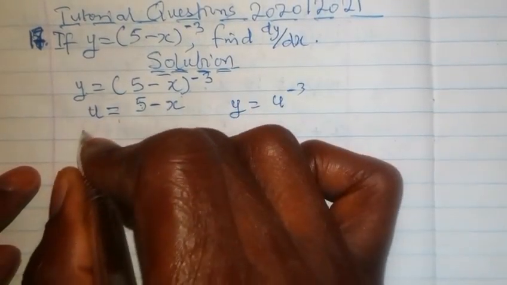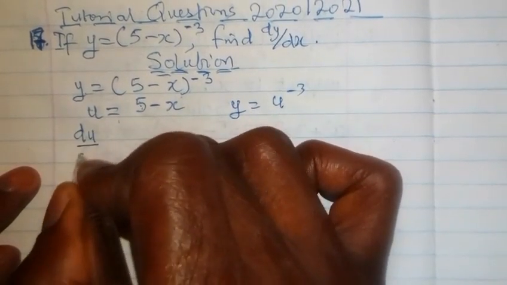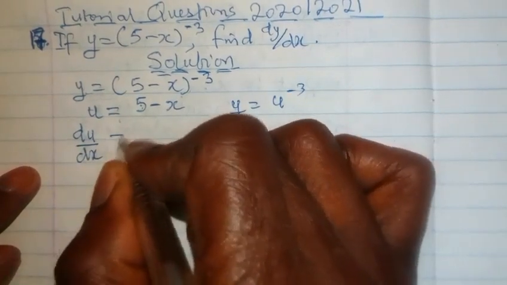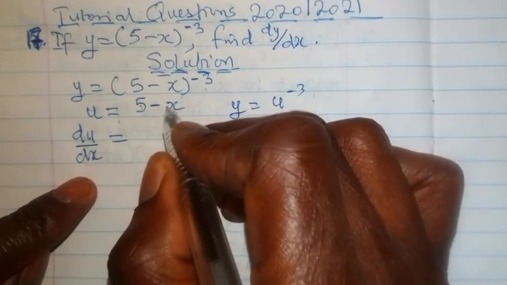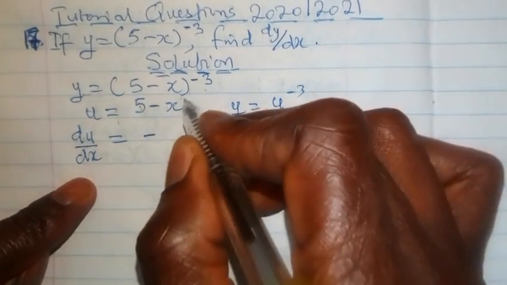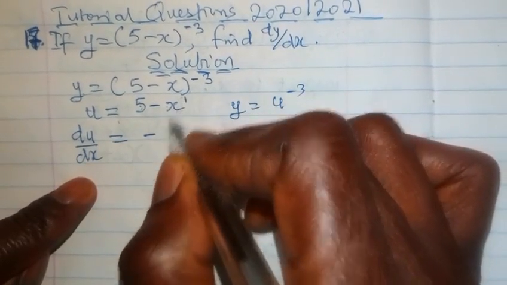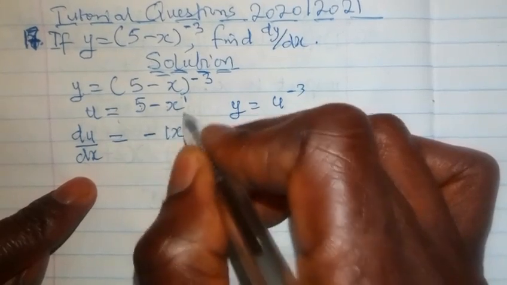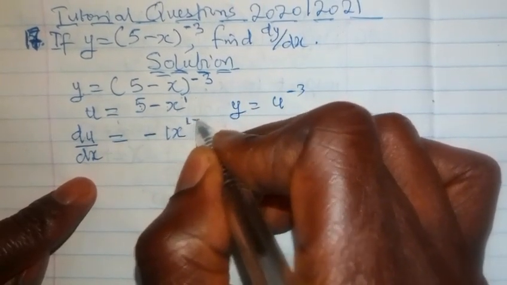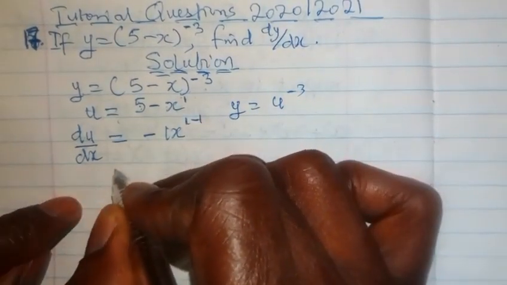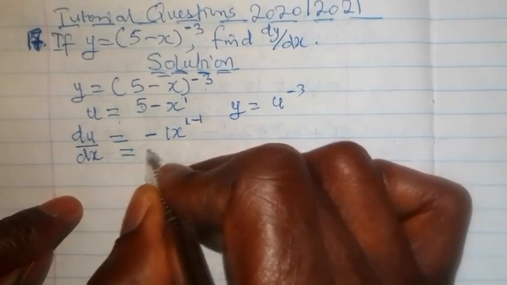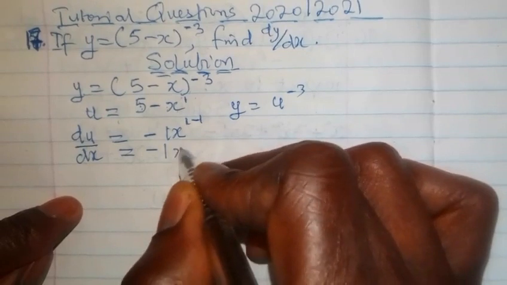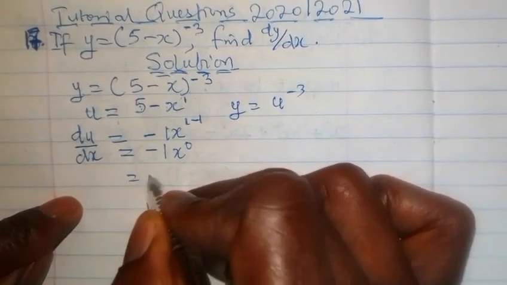So for this first term, we have du/dx, and this will give us, if you differentiate the constant, it becomes 0, so the negative sign still remains there. Then the power 1 here, 1 times x will give us 1x. Then 1 minus 1, you write it out. So eventually, we are going to have the answer as minus 1 x power 0, which will give us minus 1.